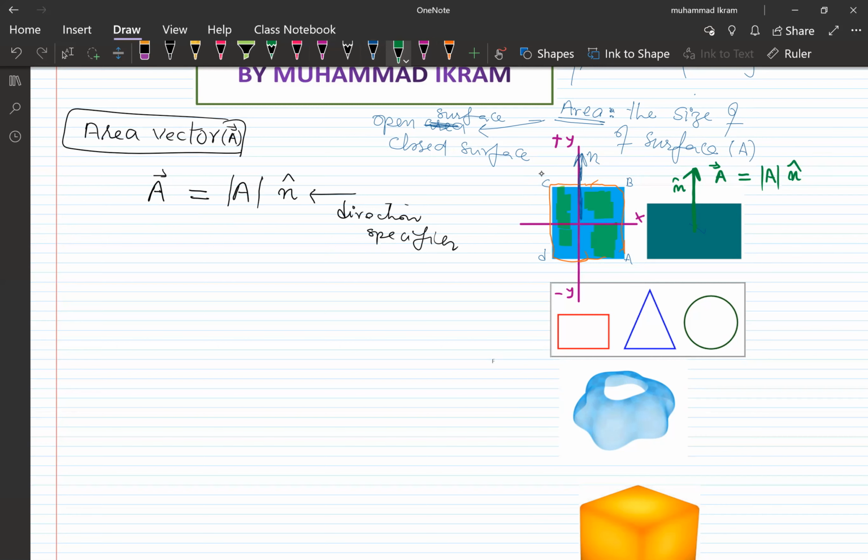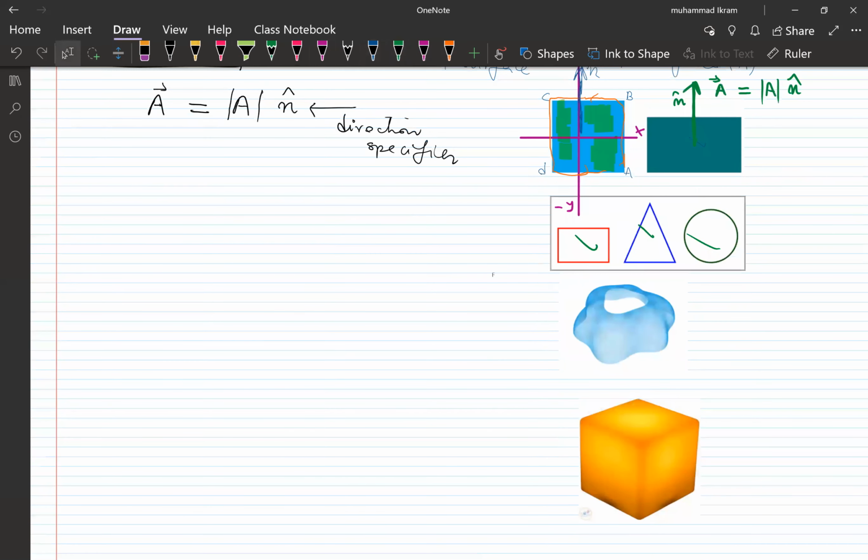Similarly, you can do it for this, for this, for this. However, for an open surface like this, which is not a regular object, you will divide it into area elements, as you see, small area elements, small pages.